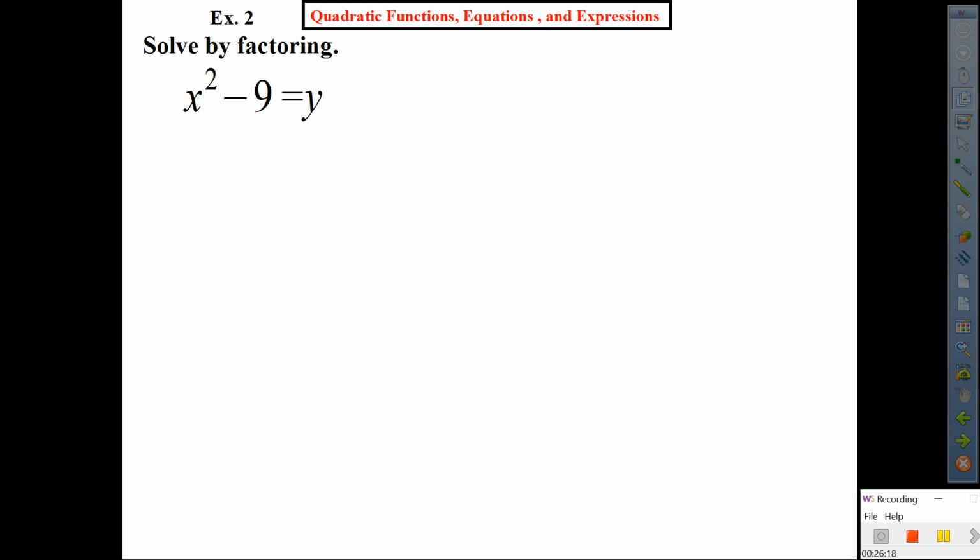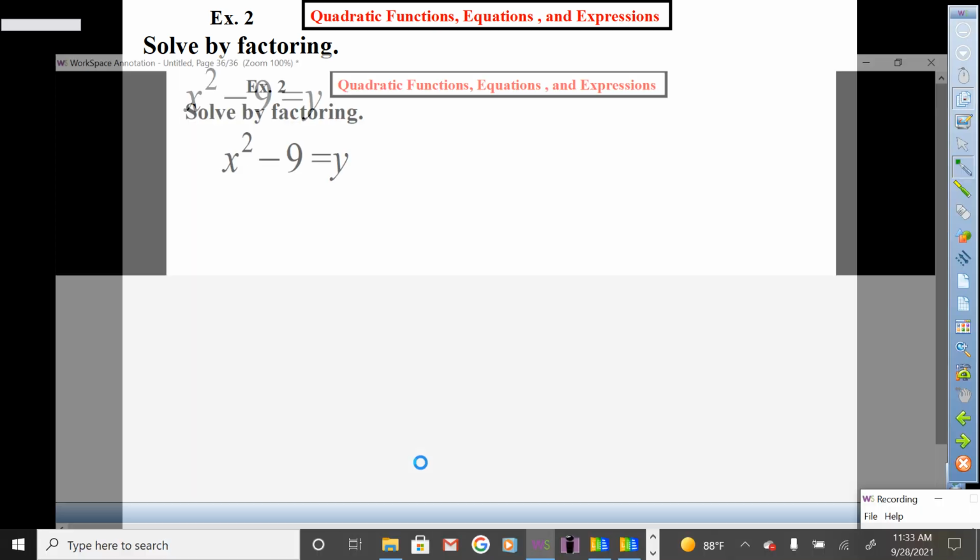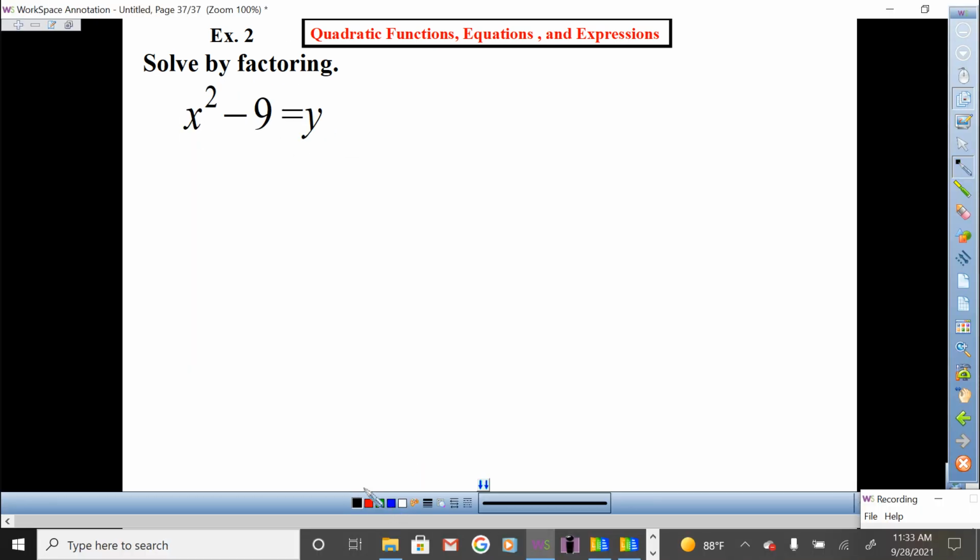So here we go. Step 1, it has to be equal to y, and it has to be in standard form. Let's see. Equal to y, is this in standard form?